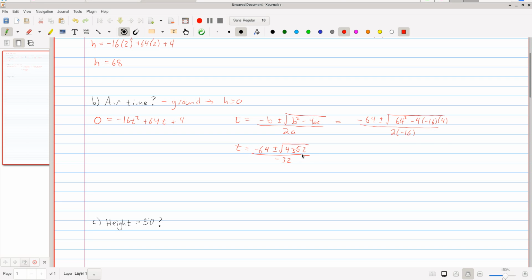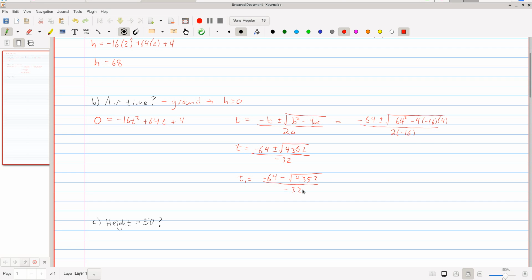Now we could go through and break the radical down, but in this physical problem we probably want to get a human readable number for time. So let's just plug this in a calculator directly, and we're going to get 2 separate time values. The first one, if we choose the negative sign, is negative 64 minus radical 4352 over negative 32.